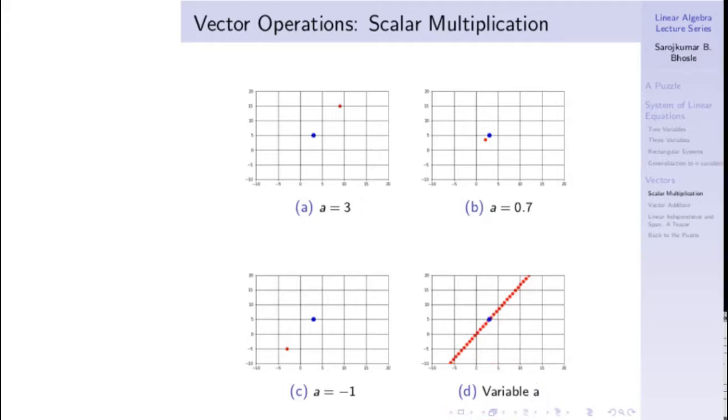This is very important to understand. This is called the span of this vector. If we represent this blue dot by vector x, then ax is the span of this vector. Span means the set of possible vectors that we can get from multiplying x by any scalar.